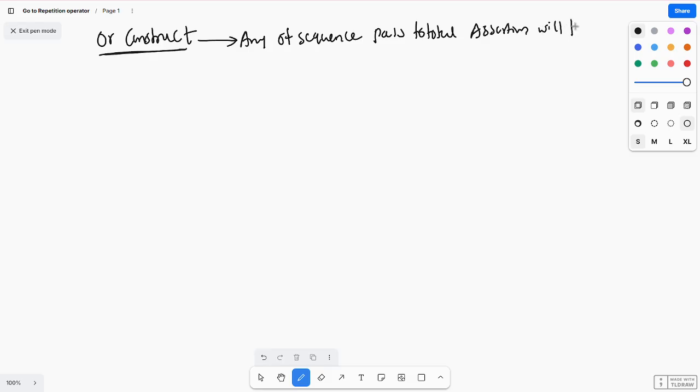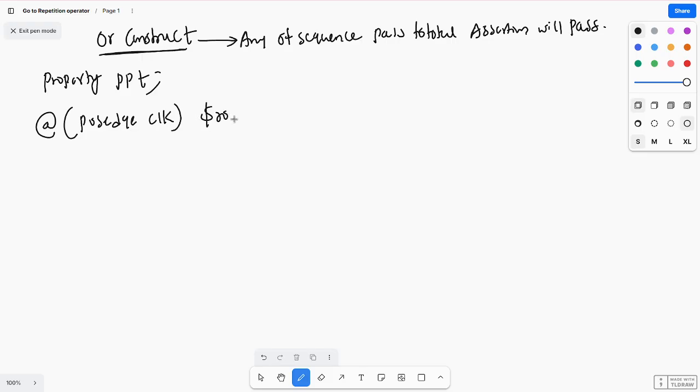OR operation means any one of the input is high, the output will be high, no? Same thing here. So you write: property ppt @(posedge clock), $rose(start) |=> S1 or S2, with the non-overlapping implication operator.